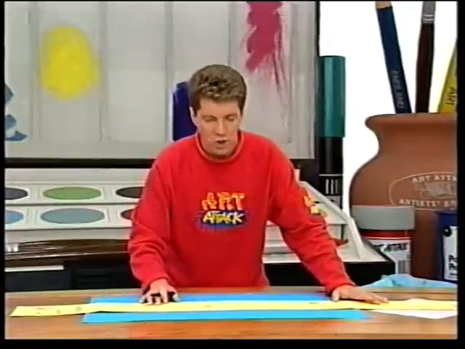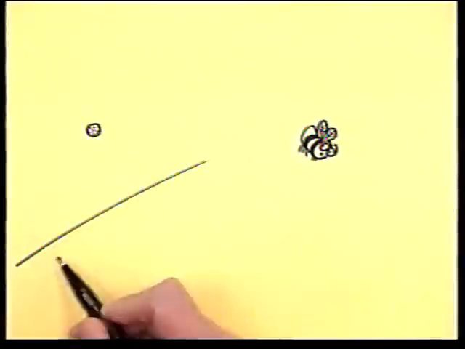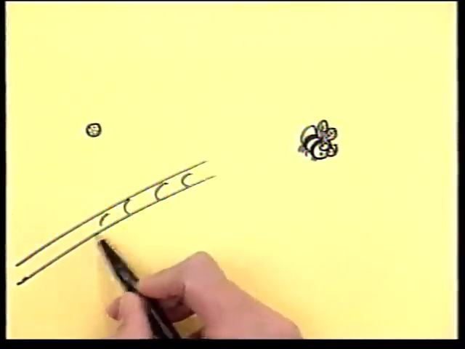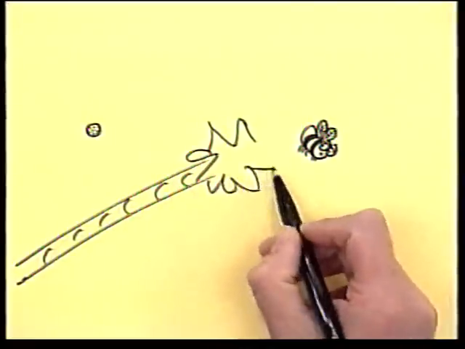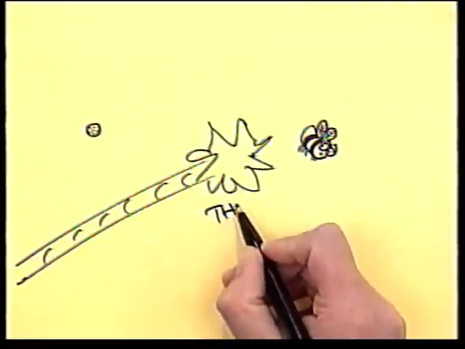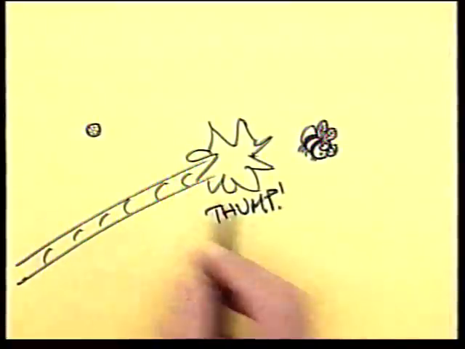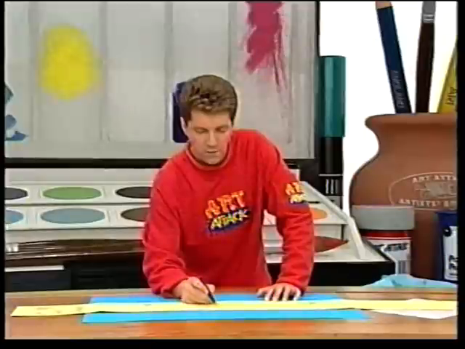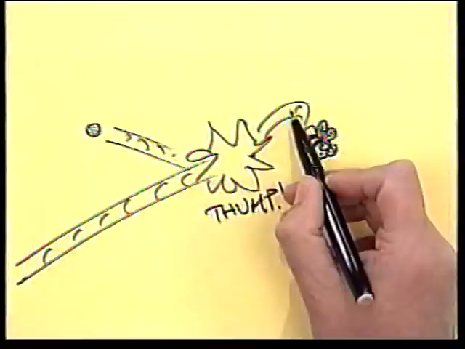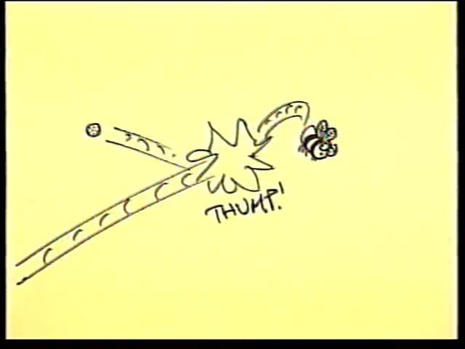Suddenly, Gary's golf ball flies up and hits the bee, smack on the nose. Just do a little cartoon explosion there, with a thump. Not very nice, is it? And the ball flies off in this direction, and unfortunately, the bee is out of control and flies off in that direction.